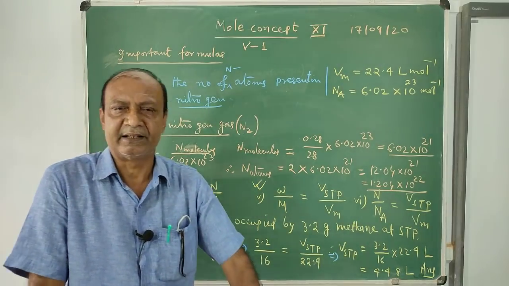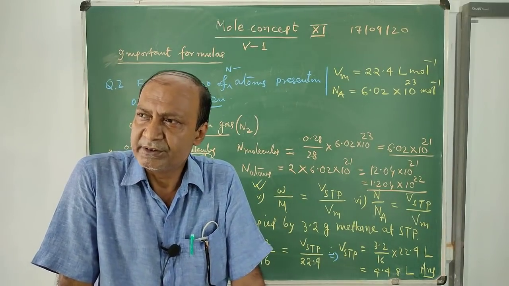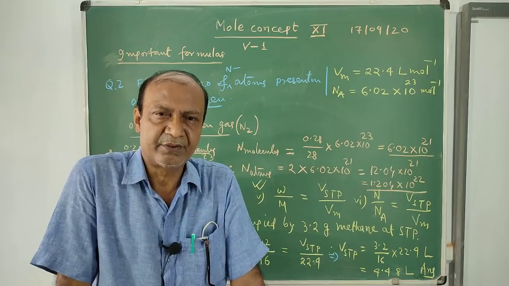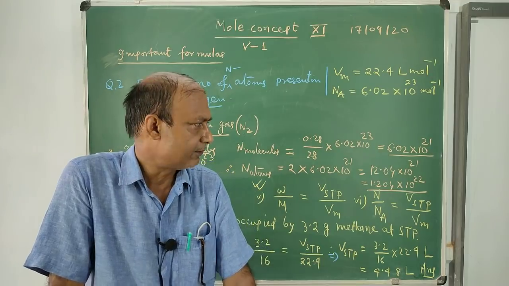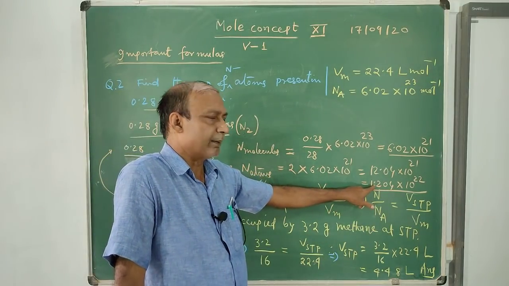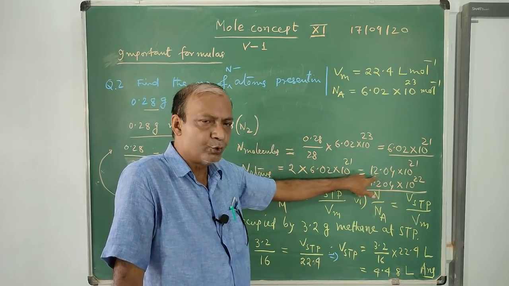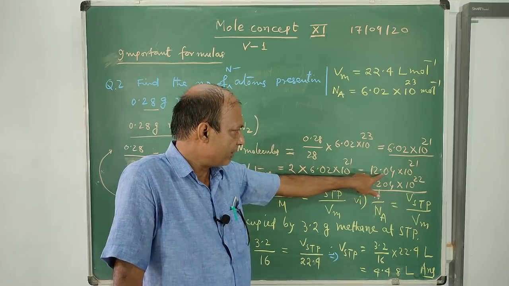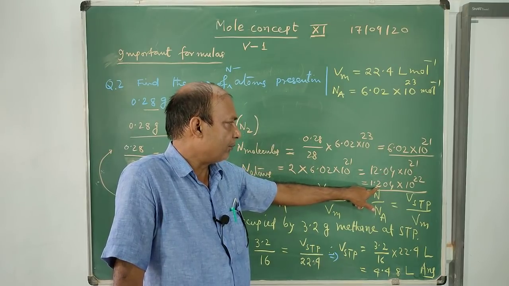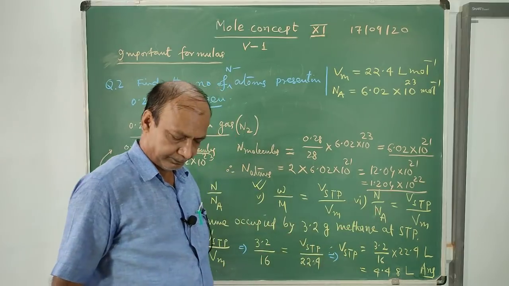Sometimes we have to write the answer in standard form because in competitive exams and other exams the answers are given in standard form, with the decimal point after 1 digit. This is the decimal point after 2 digits. That's why we have converted it to the standard form of the answer.